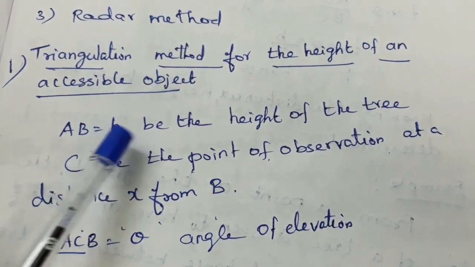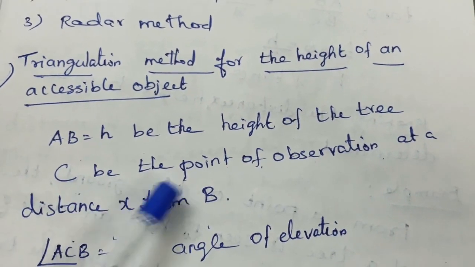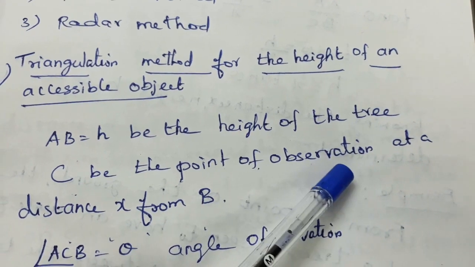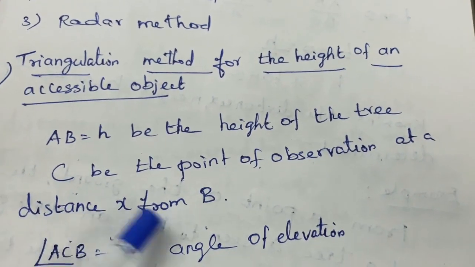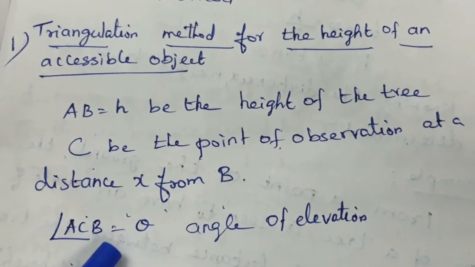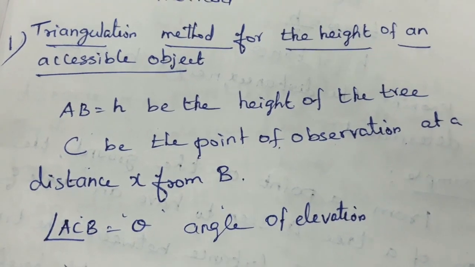AB equal to H be the height of the tree. C be the point of observation at a distance x from B. Angle ACB equal to theta is known as the angle of elevation.